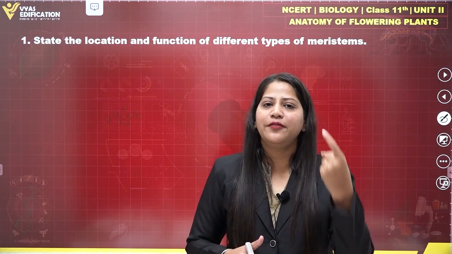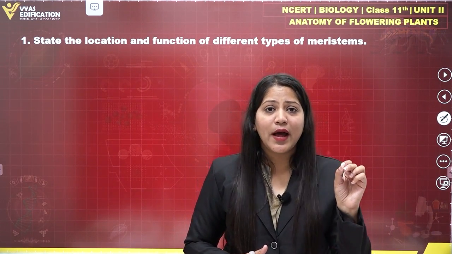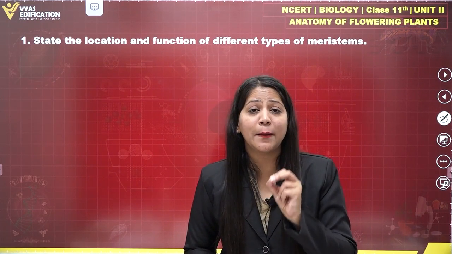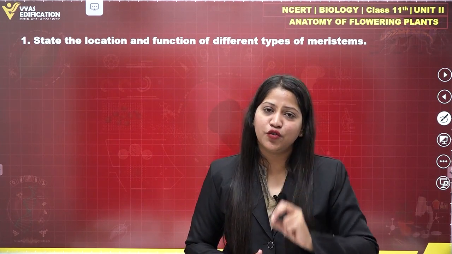I am repeating it: cork cambium, which is also known as phellogen, is going to form from the hypodermis layer of stem and pericycle in roots.